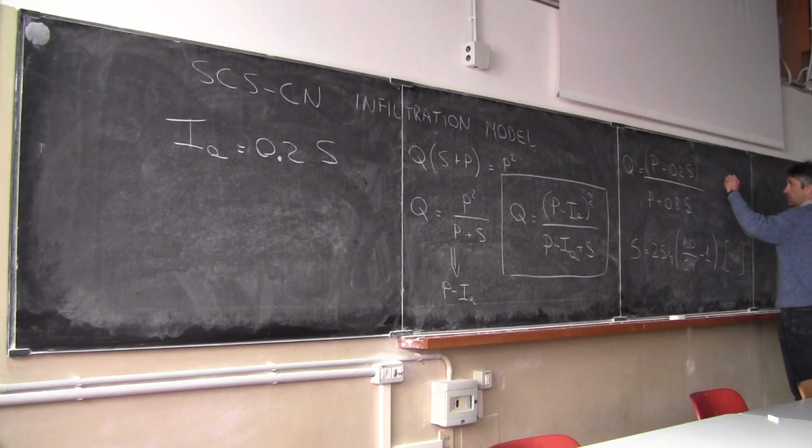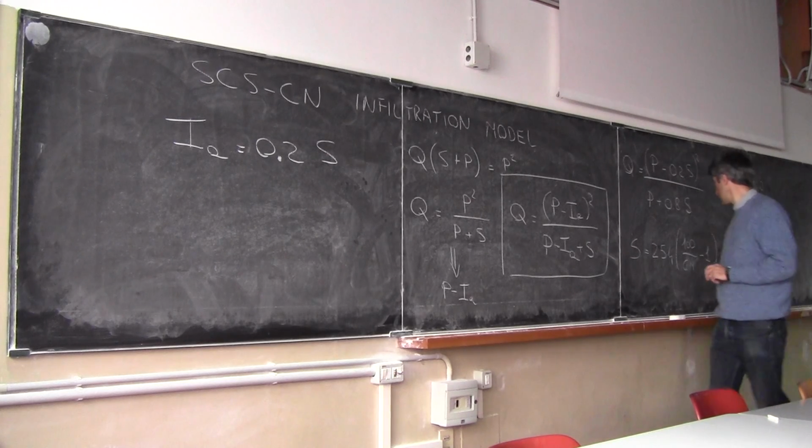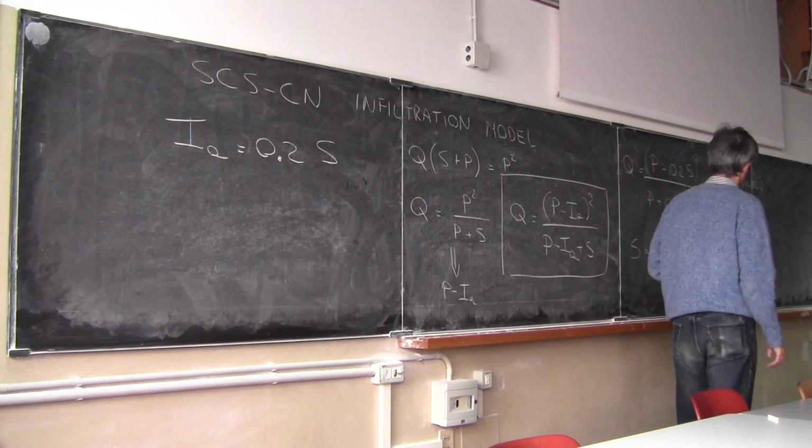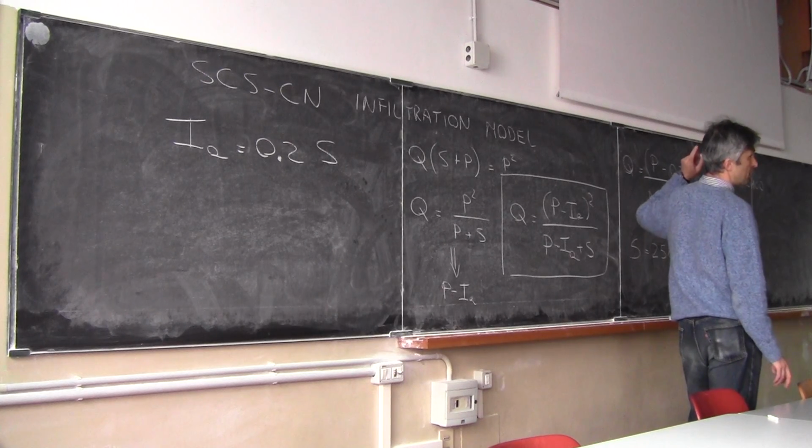Cn is varying between 0 and 100, where, sorry, 100 means impervious soil.